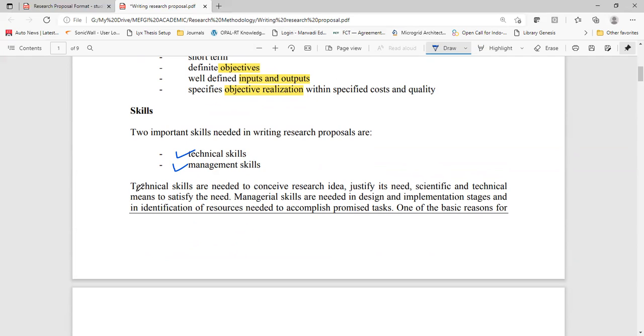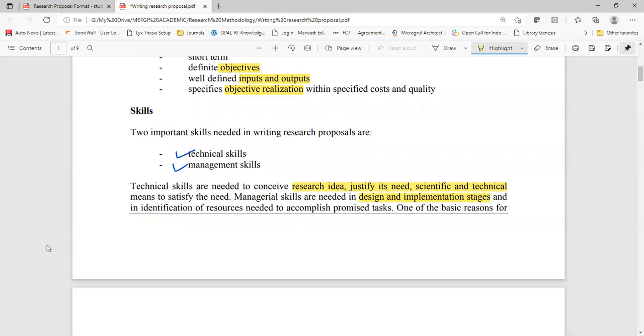So as it is written, technical skills are needed to conceive the research idea, justify its need, and find scientific and technical means to satisfy the need. And managerial skills are needed in design and implementation stages.